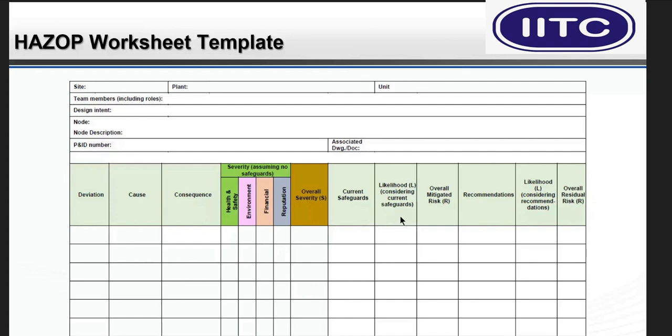Then we will correct our likelihood to note down the overall mitigated risk. After the mitigated risk, if the risk is high as per the ALARP triangle and the risk matrix, then we will put some recommendations, and then we will correct our likelihood again to find the residual risk. So the residual risk will come here.